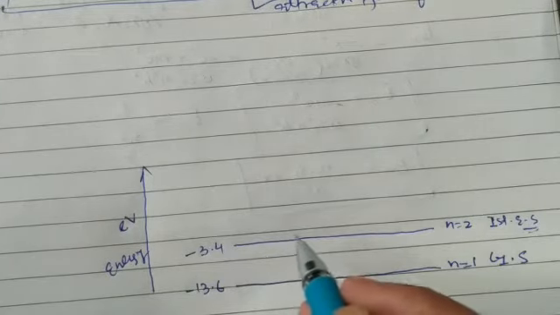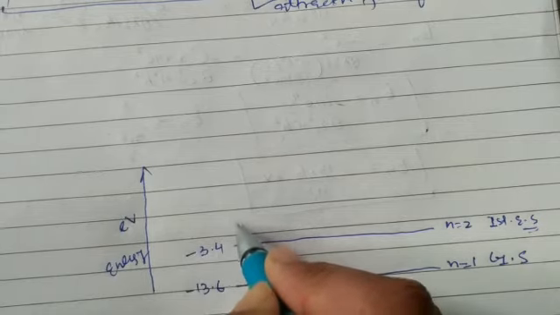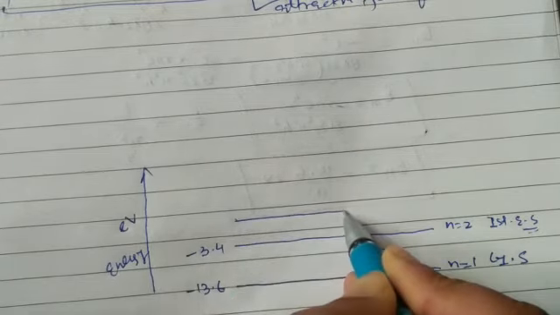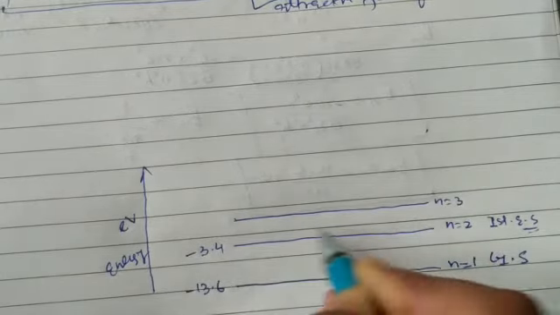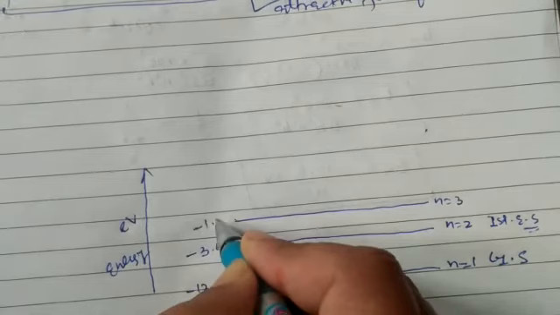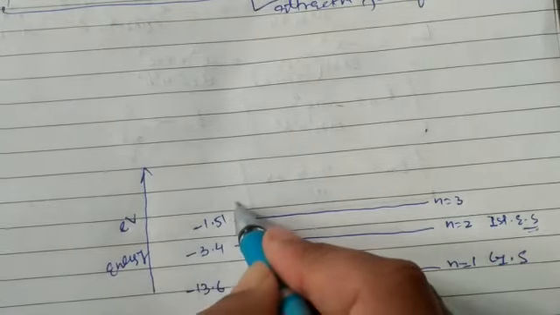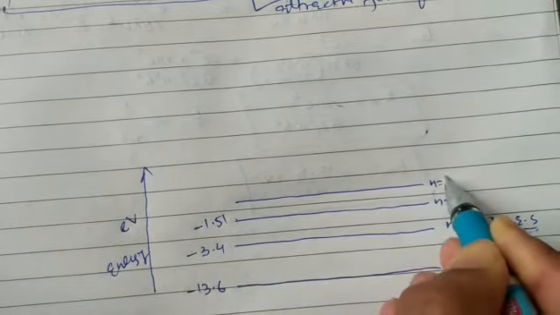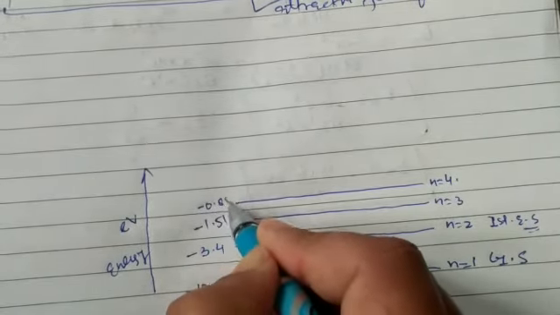Then for n is equal to 3, if you calculate at your home, you will find the energy will be like this. n is equal to 3, and you will get an energy of minus 1.51. And if you calculate it for n is equal to 4, it will be minus 0.85.